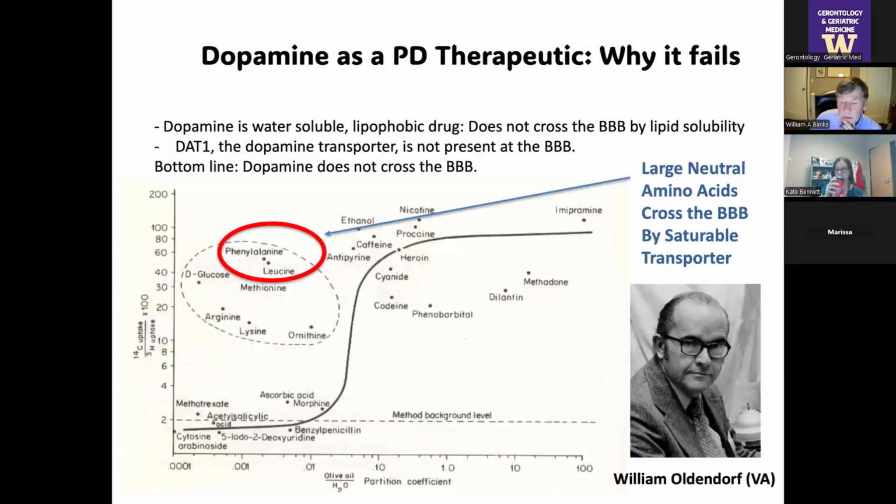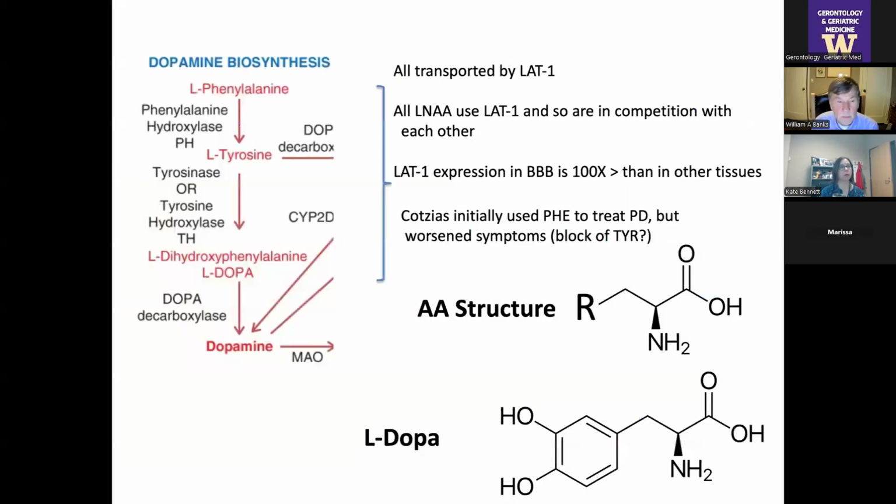And Oldendorf again came to the rescue. He discovered that the large neutral amino acids get into the brain much better than their lipid solubility predicts, showing that they're crossing by a saturable transport system. And so here, to remind you, is the dopamine biosynthesis pattern.